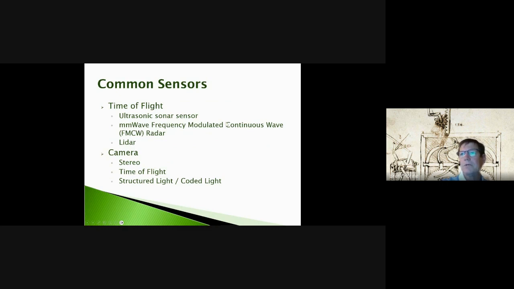We'll talk a lot today about radar, and then there's also a version of radar that's LiDAR, basically using a laser of some form. But these are all based upon the idea of emitting some sort of signal that probes the environment.